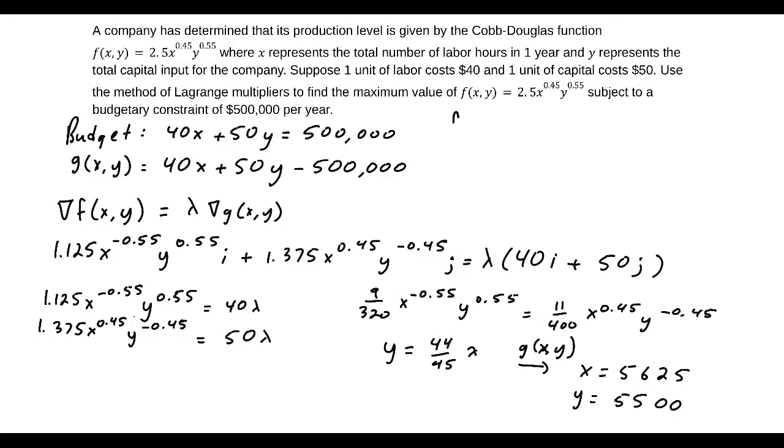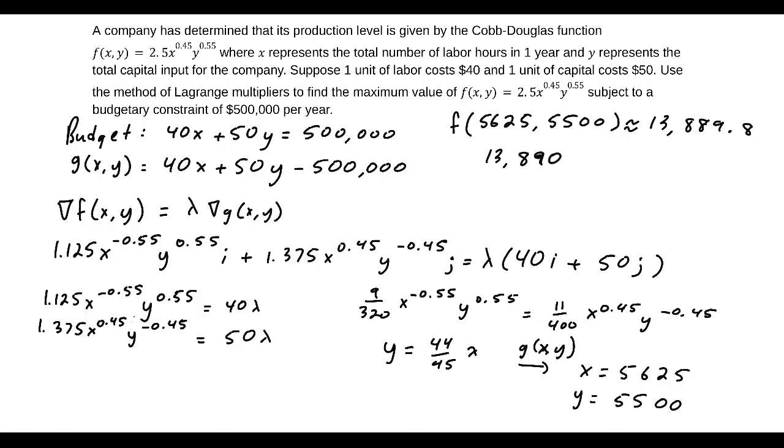So f of 5,625 comma 5,500 is approximately 13,889.8. So as a production level, we would say the maximum production level is 13,890 units.